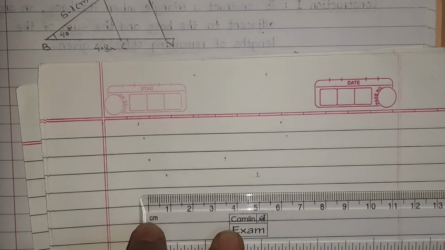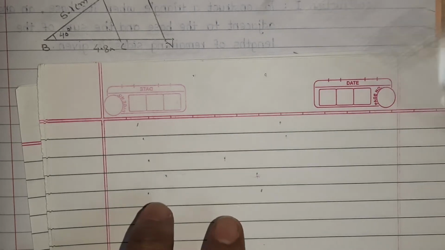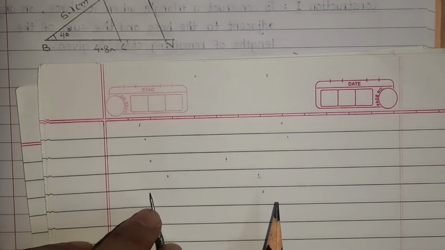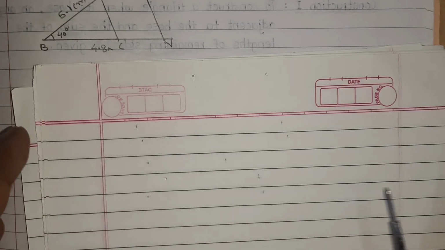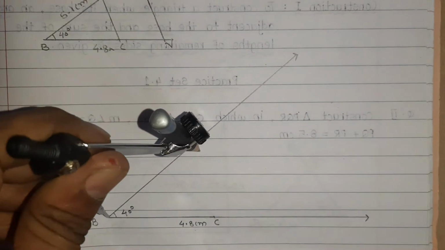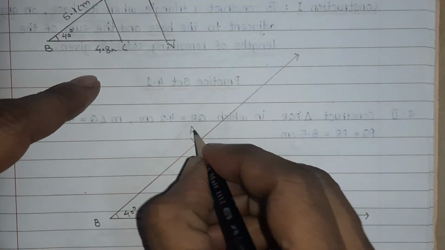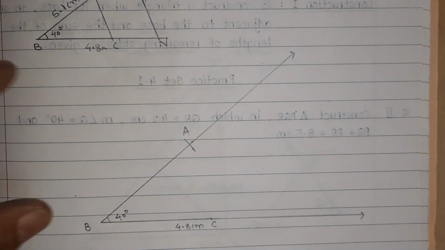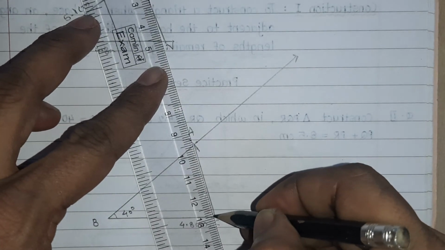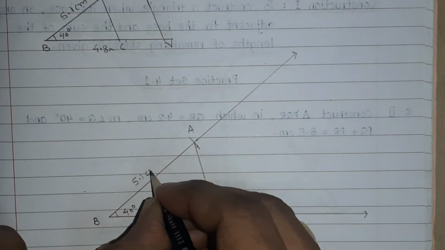See, here it is 0 and here it is 5.1. Therefore put the metal point on B and draw the arc like this, and this is point A. Join this A with C. Now dear student, this is 5.1 centimeter.